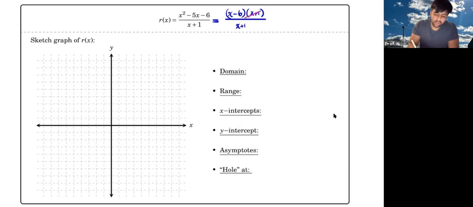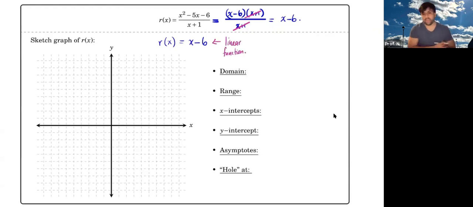Don't the x plus 1s cancel? And what do you get? You get x minus 6. So r of x is really x minus 6. And what kind of function is x minus 6? Isn't x minus 6 a linear function? So I can just draw a line.